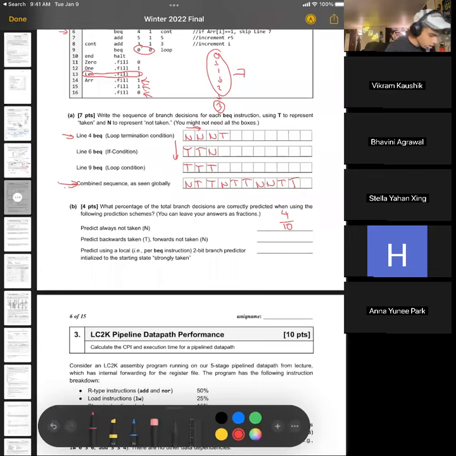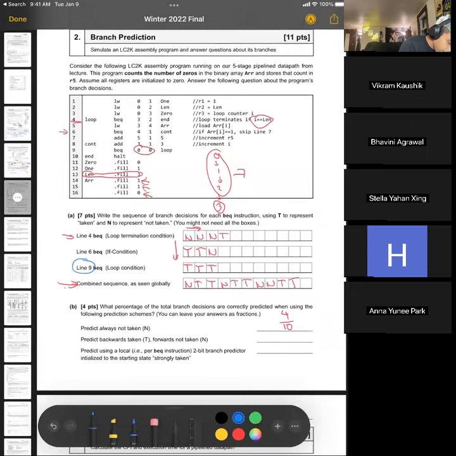Looking at the second one, we have predict backwards taken and forwards not taken. It depends on which branch instruction we're looking at. Line 9's offset is negative because it's a backward branch, so it will always predict taken. For the other two, because they're forward branches, we predict not taken.